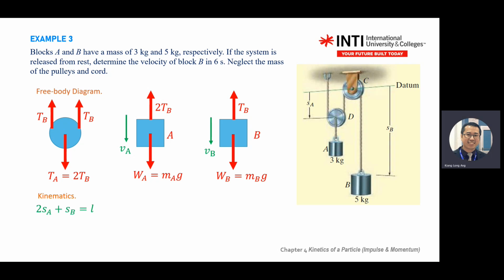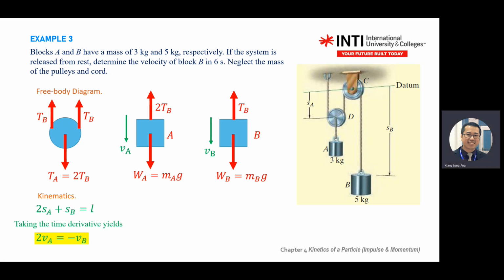Why do you get 0? Because the total length doesn't change with time. That's why you get 0, right?